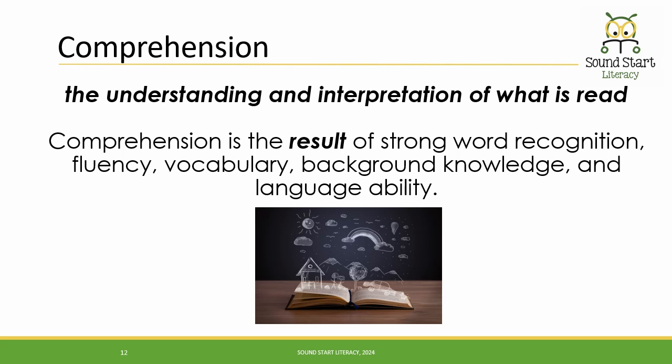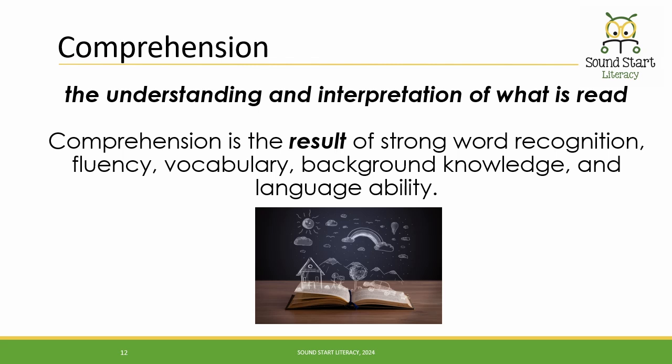If we go back to that reading rope and we think about Scarborough's reading rope, there was no strand for comprehension because comprehension was the outcome of all the other strands working together and then increasing the automaticity and the fluency, which will then eventually lead us to comprehension.